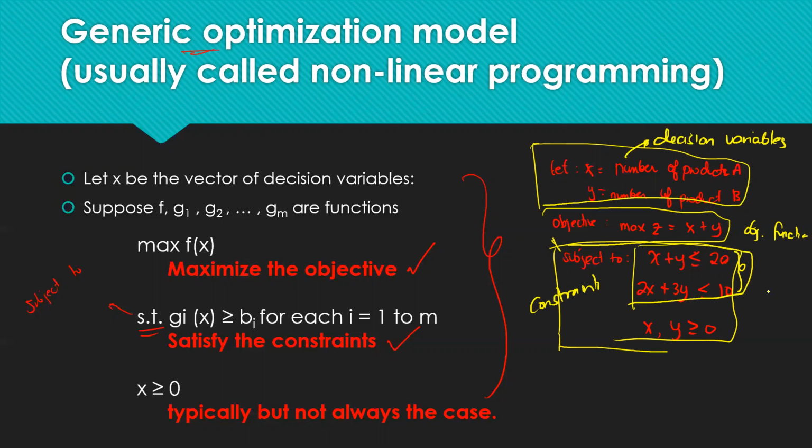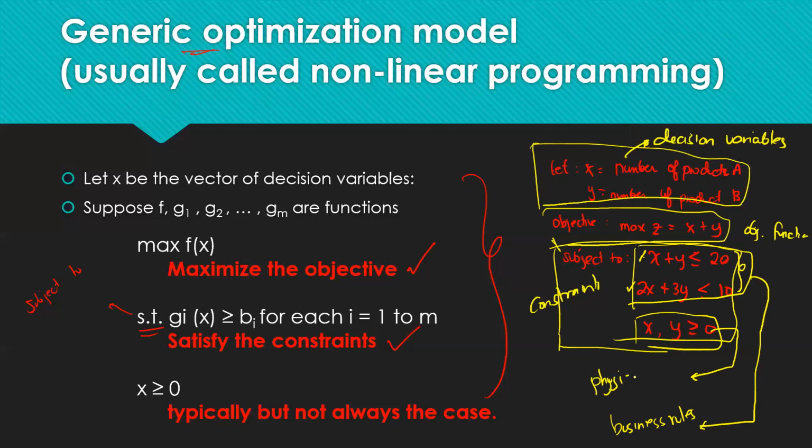Itong portion na yan, sorry. Ang hirap. Ilagay ko dito. Ang tawag dun sa dalawang yon ay mga business rules. And then, itong portion na to, ilagay ko dun, yan yung physical law or non-negativity. Question?